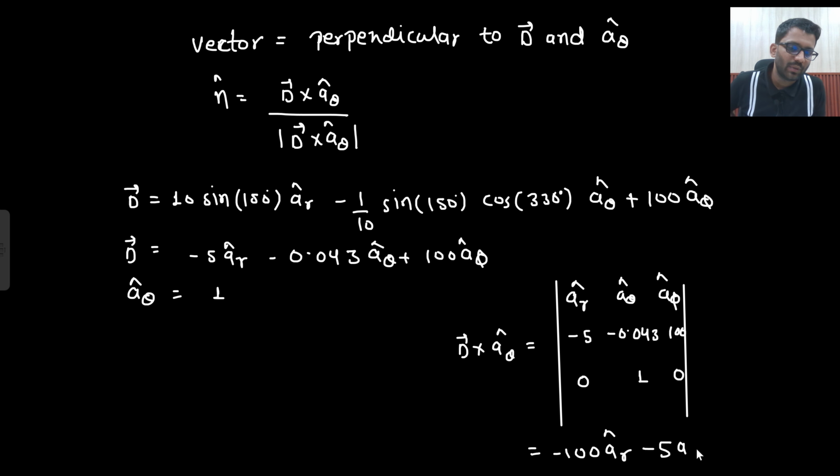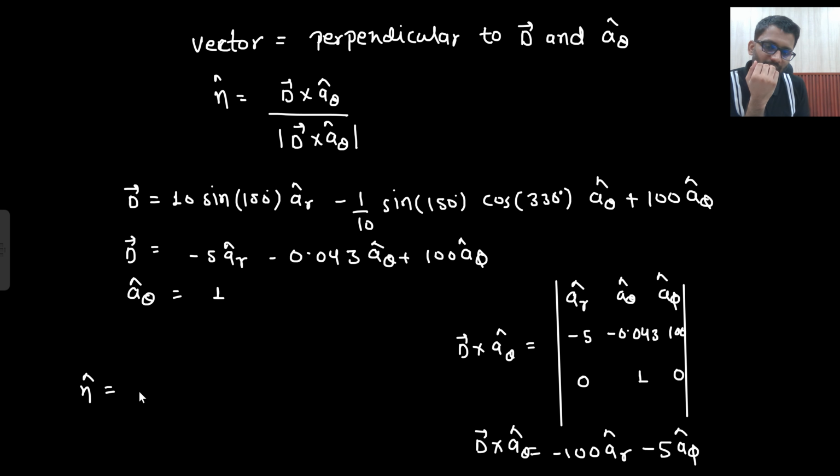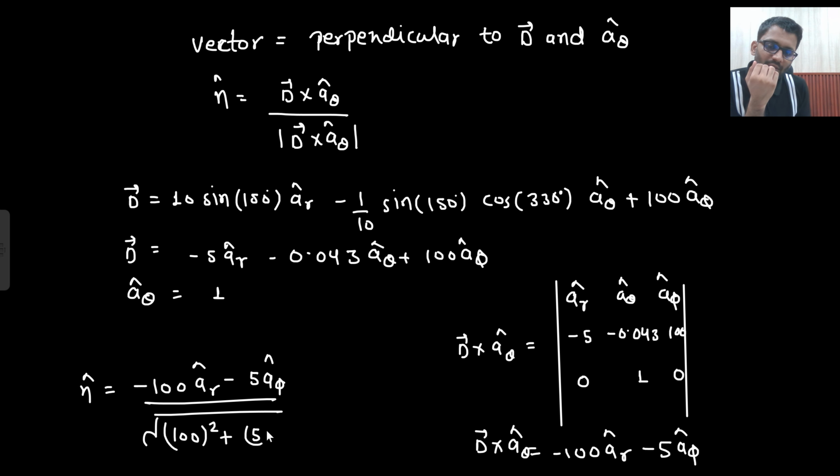So this matrix you would be able to solve, right? This is your D cross A theta cap. So what will be my vector that is perpendicular? That will simply be minus 100 AR cap minus 5 A phi cap divided by their magnitude. So that will be the square root of 100 square plus 5 square. So let me see the answer now.